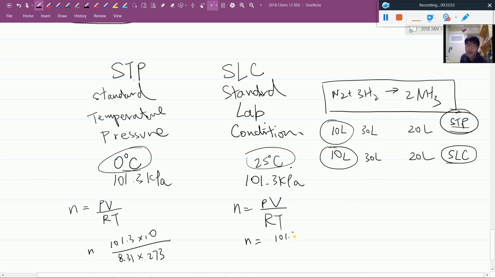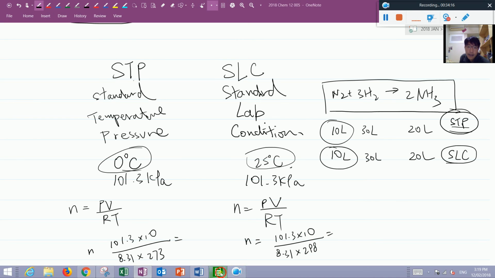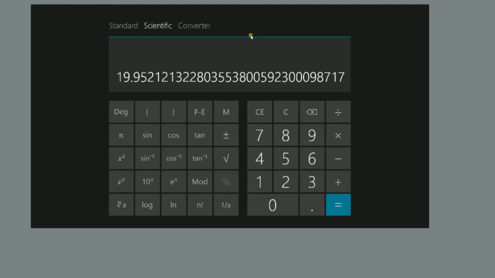That's 101.3 times 10 liters over 8.31 times 273 plus 25. 273 plus 25 equals 298. Then we find the answer by putting that into the calculator.